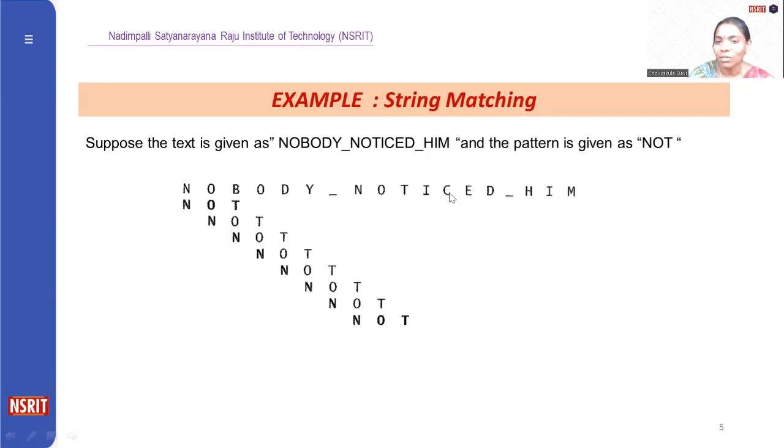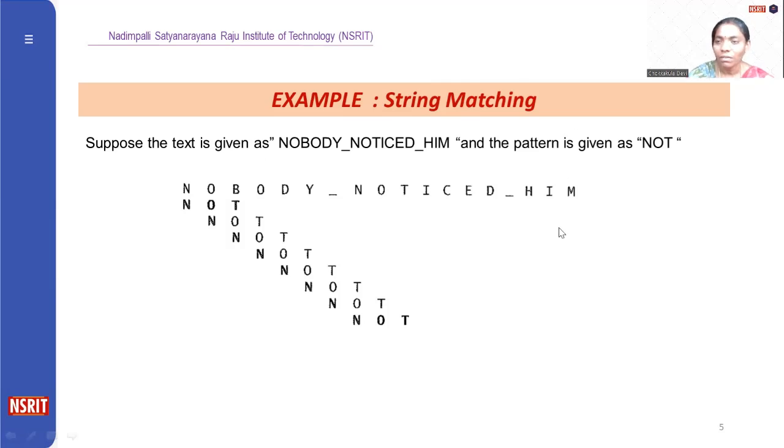At this position, you can see that the pattern is matched at this particular index. What is this index? Counting 0, 1, 2, 3, 4, 5, 6, and 7, this is the 7th index of the given text where the matching of your pattern started. So the algorithm returns the index 7, because the match is found here.